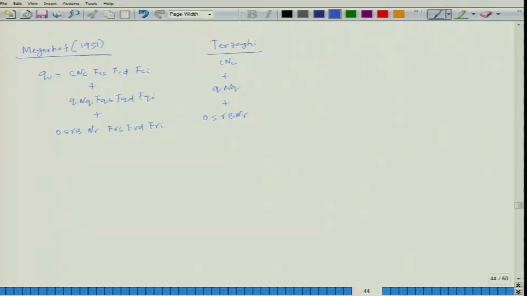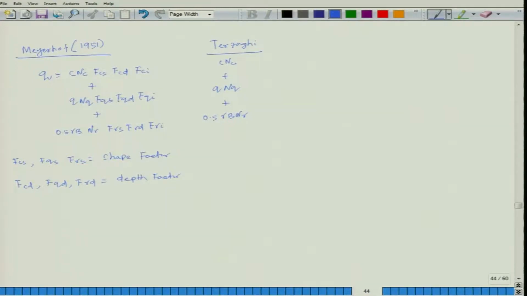So, what he has introduced, if you look at here, FCS, FQS, F gamma S, it is your shape factor. Then FCD, FQD, F gamma D, this is your depth factor.